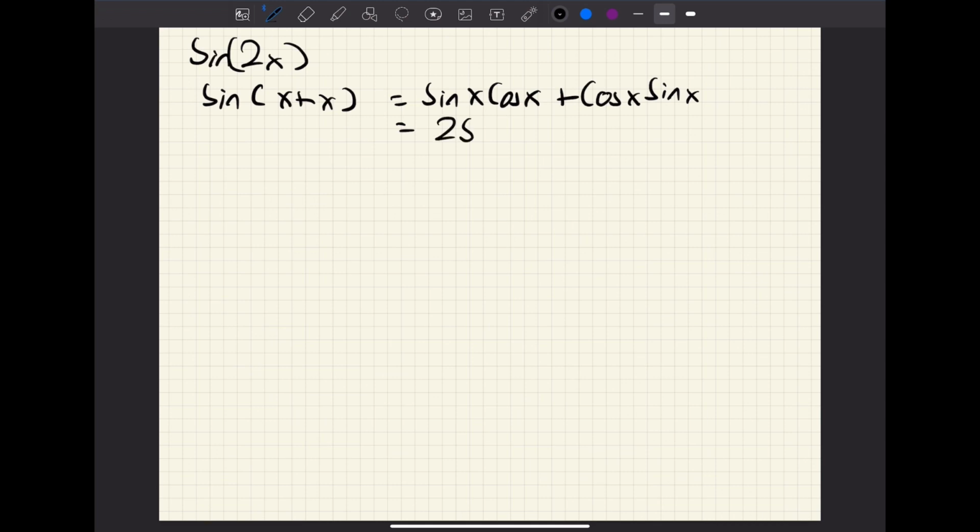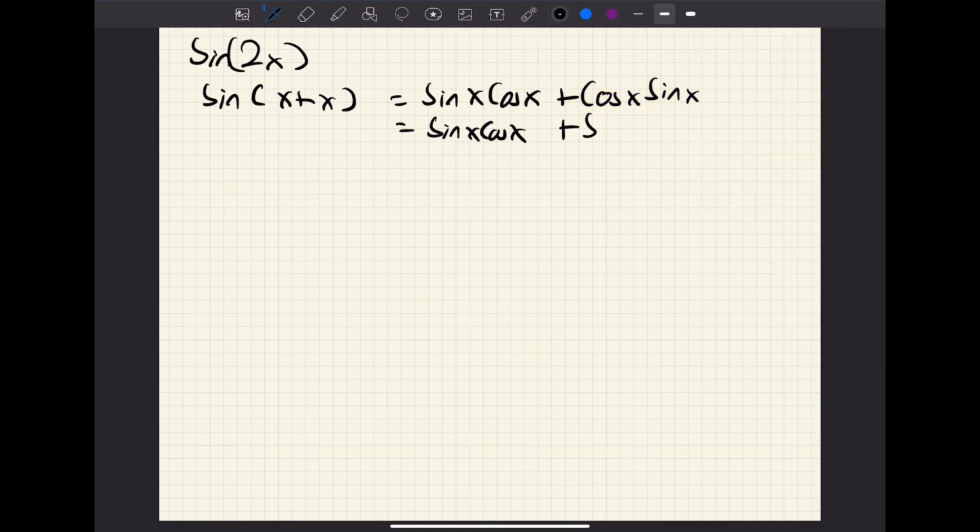Actually, that's not the entire formula. These are the same, sorry. This will be actually 2 sine x cos x. So how I reached that value: this sine x cos x is equal to this entire thing over here, because they're both multiplying, you just have to switch the order in which they're written.